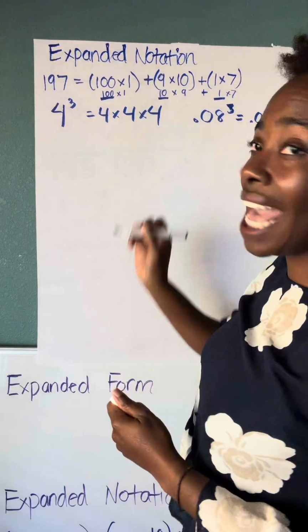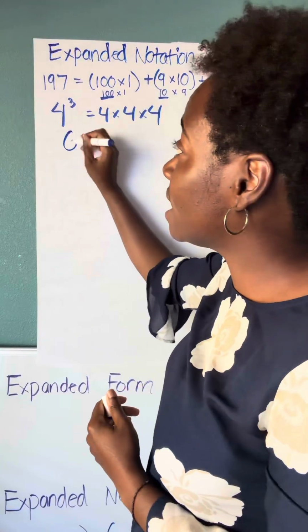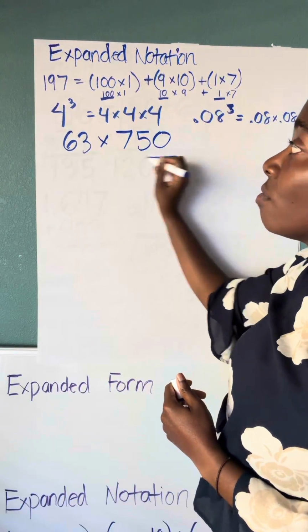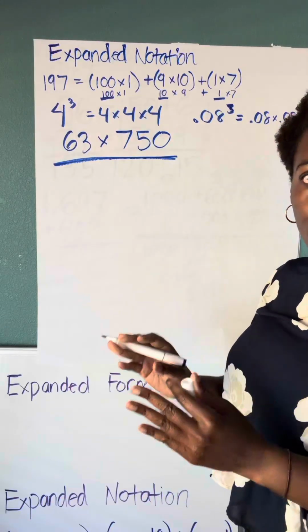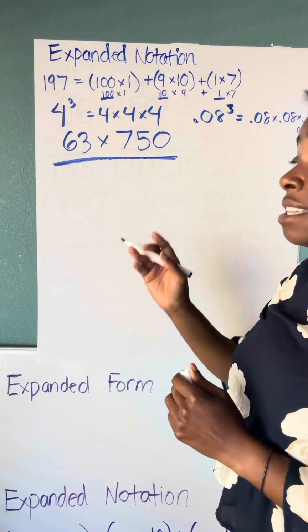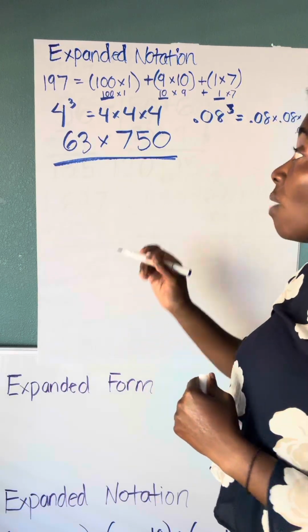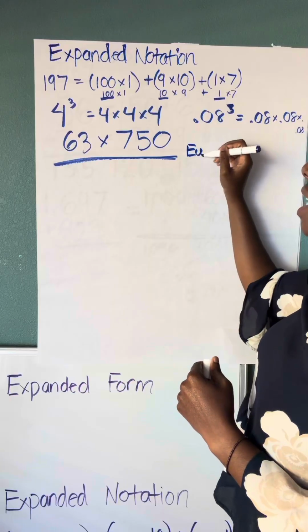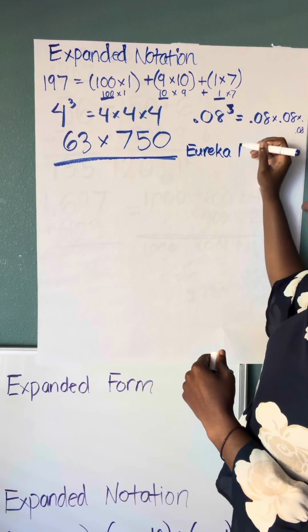Because we have numbers like 63 times 750, which 4th, 5th, and 6th graders need to know how to do according to the state, and 5th and 6th graders have more requirements of them. We have to put this in according to Eureka Math, which is a curriculum.